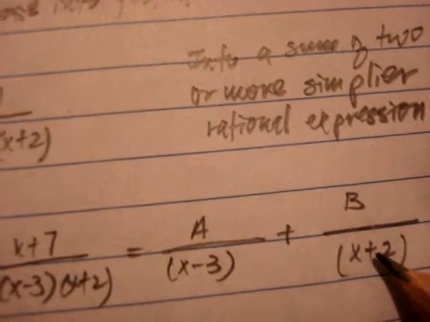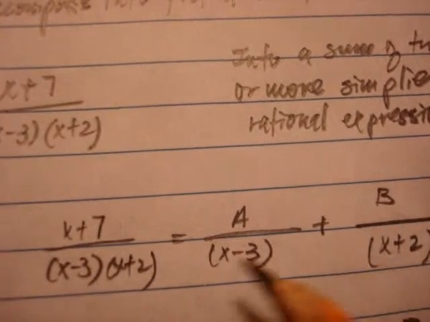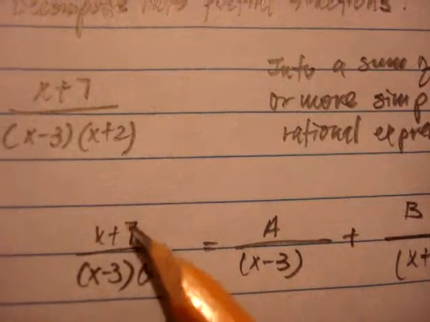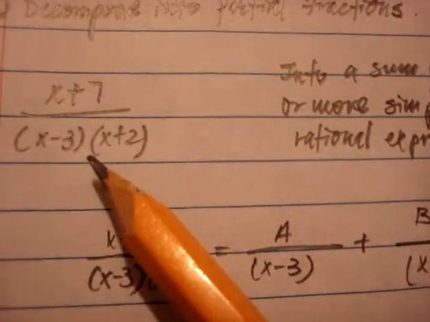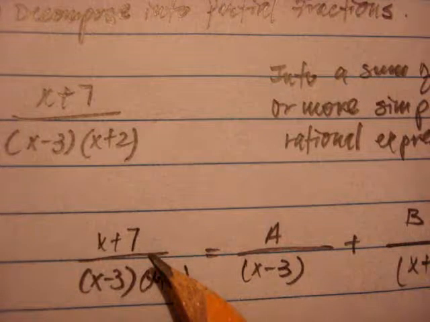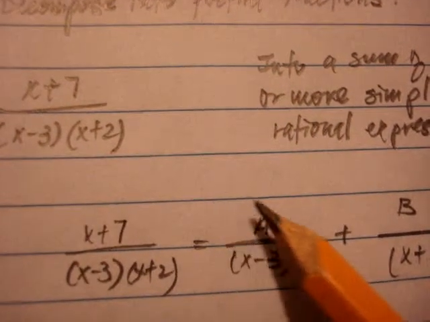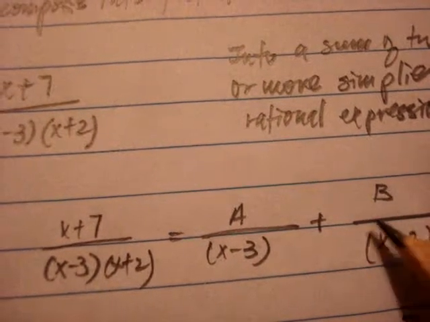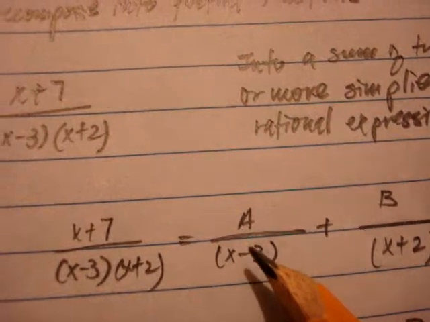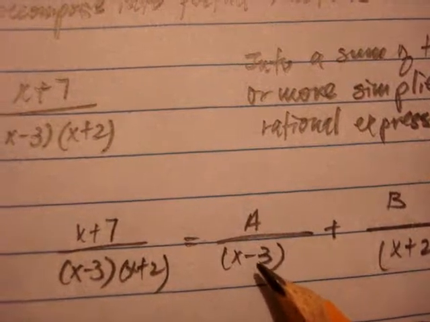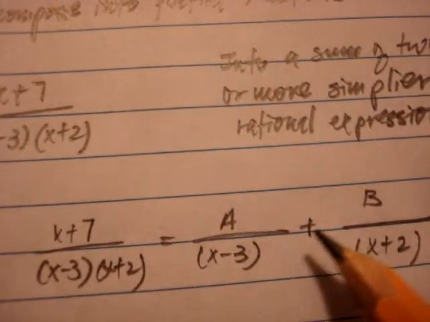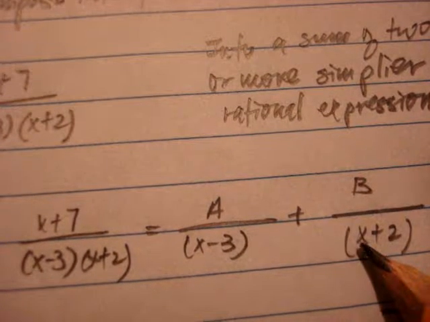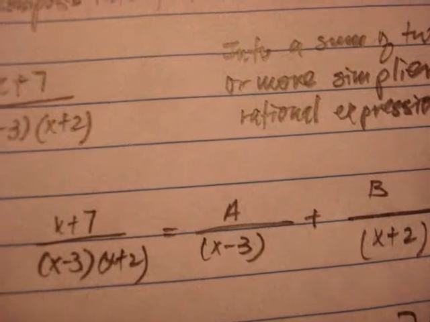So B divided by x plus 2. This rational expression is the same thing as the given, and to decompose into partial fractions, you make it like that, using A to represent the x minus 3 and B to represent the x plus 2.